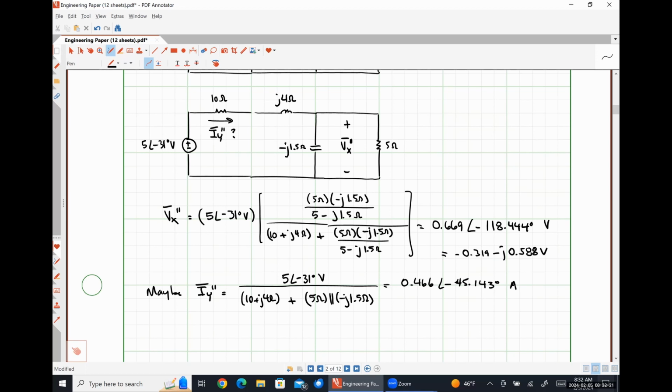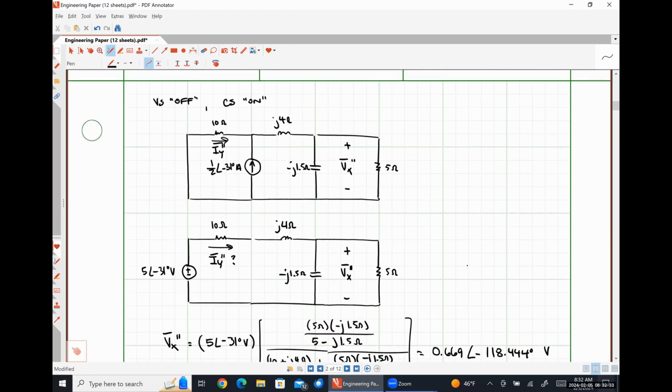So that's a maybe. And again, the reason why I'm suspicious that this is going to work is because we moved that circuit element. It doesn't look like we moved it because it's still in that same position, but it is connected to a different network than it was before, which means the current flowing through it's probably going to change, okay?